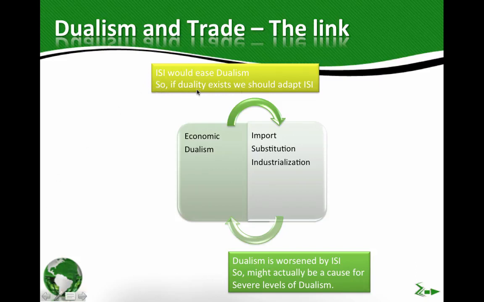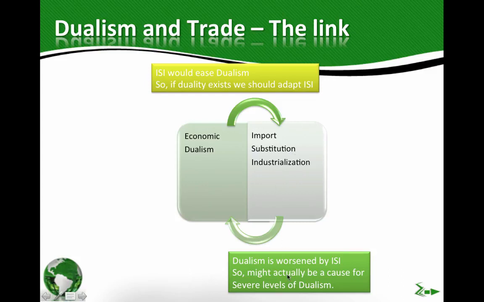If there is economic duality, then maybe the policies developing countries should follow are protection and import substitution industrialization. They protect their manufacturing sector, or the modern sector, from imports. The prices in these sectors rise, production increases, and hence employment increases, and you deal with unemployment. Right? So that's really their argument in favor of ISI.